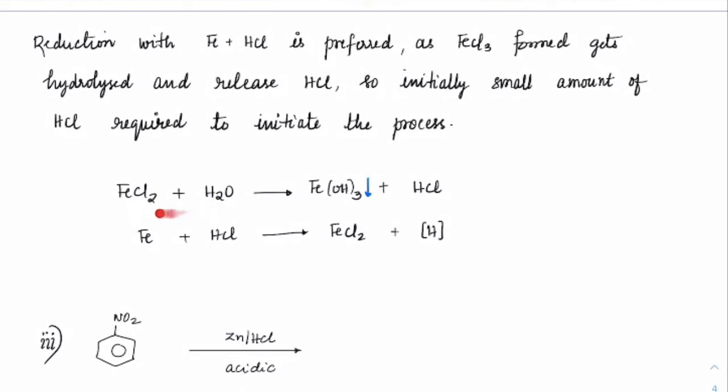So FeCl3 plus water will give Fe(OH)3. HCl is formed, and the HCl which is released again reacts with iron to form FeCl3 and releases nascent hydrogens. So this process will keep continuing. To initiate, we require only some amount of HCl, that's all. That's why iron is more useful here, because this can form a precipitate of hydroxide.